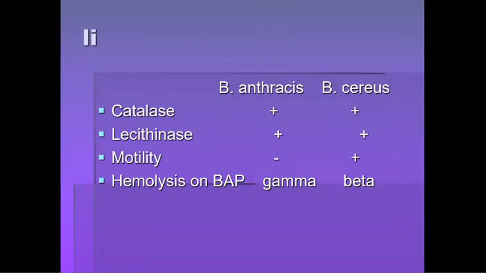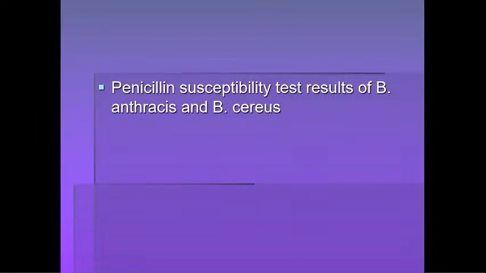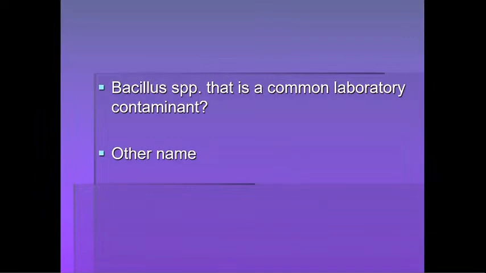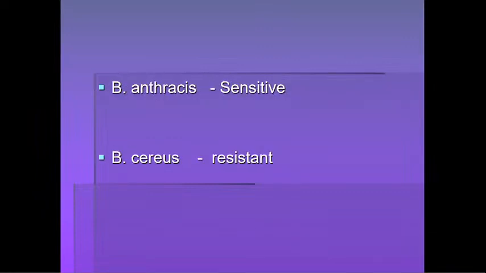Both of them will test positive with catalase and lecithinase. Now, for susceptibility testing to differentiate the two, Bacillus anthracis will be sensitive to penicillin, while Bacillus cereus will test resistant to penicillin. So these are your answers.